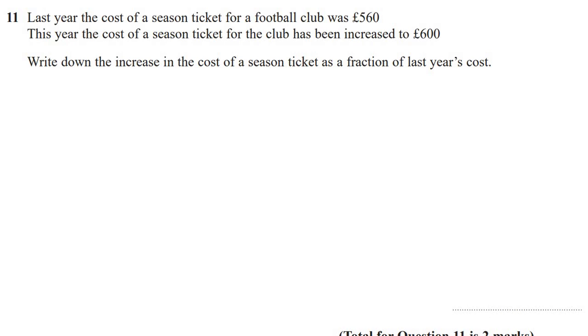Here's the next question. This is about tickets for a football club. All right. So last year, the season ticket cost £560. This year, the cost has increased to £600. Write down the increase in the cost as a fraction of last year's cost.